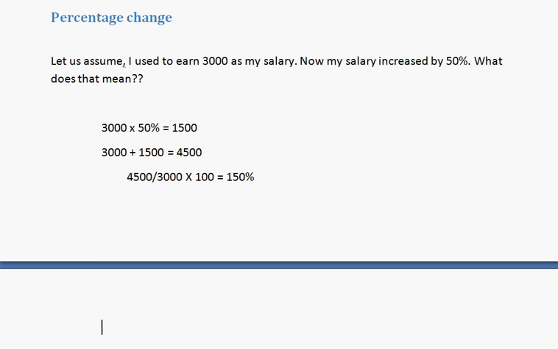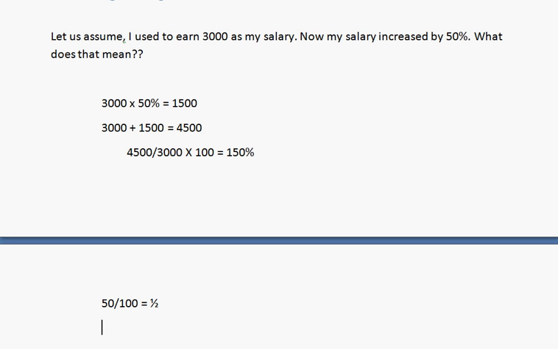In fractions, my salary has increased by 0.5 or 50 by 100, which is equal to 1 by 2, right? By half it has increased initially. So my initial salary was 1. Now it has become 1 plus 0.5, which means 1.5 times, right?